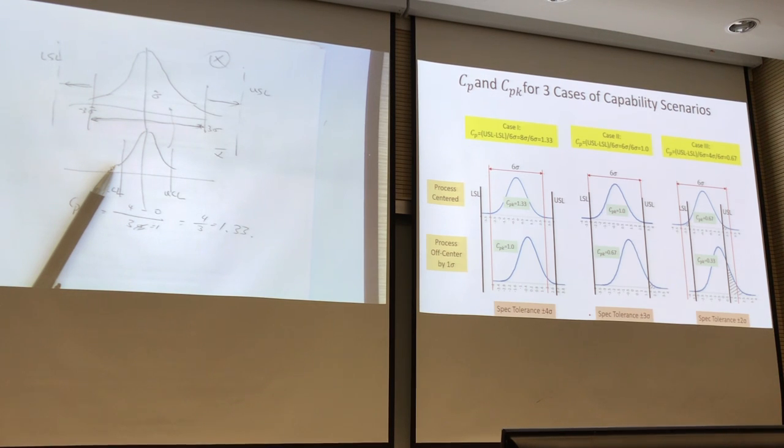So when the process is centered, CP is 1.33 and CPK is also 1.33.